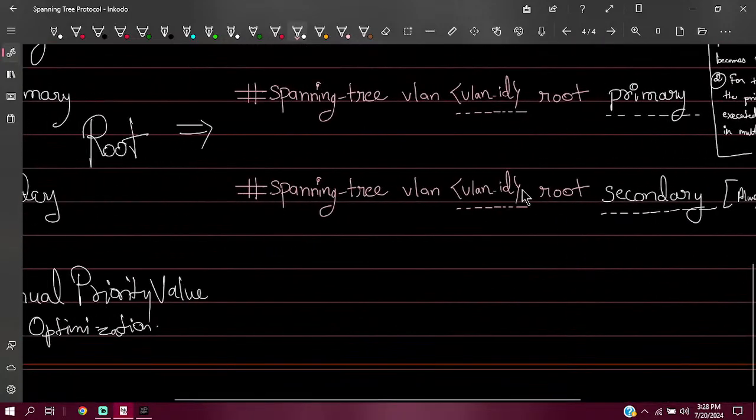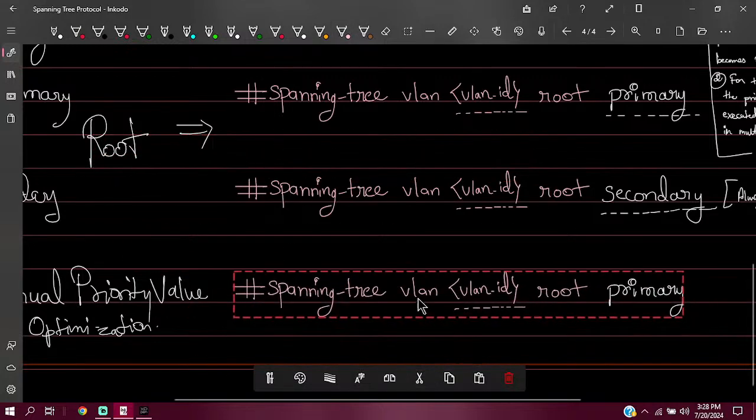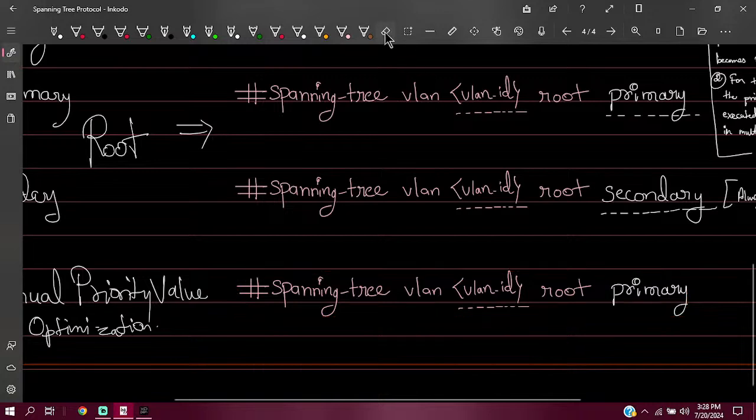Second command variation for the priority keyword. Let's say you want the root bridge to be elected on the basis of the least priority, and the priority has to be defined manually, the command would be a similar command with a slight change of some keyword here. Rather than root, you'll use the keyword here as priority.